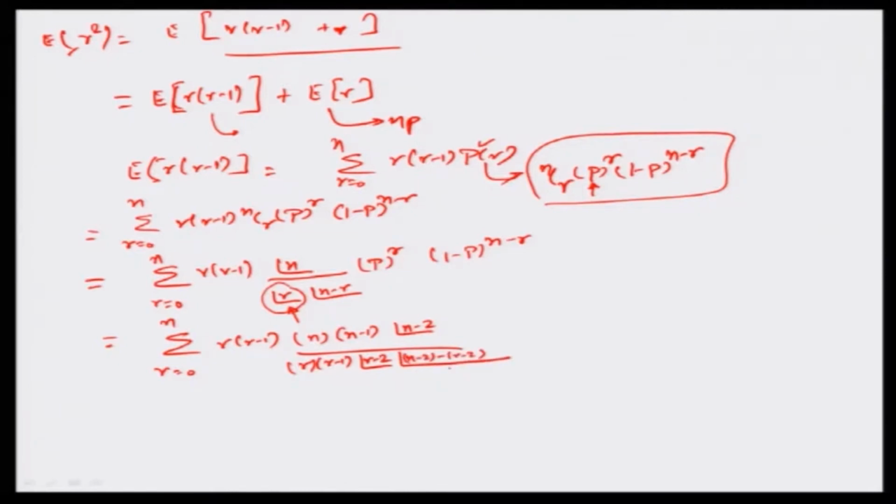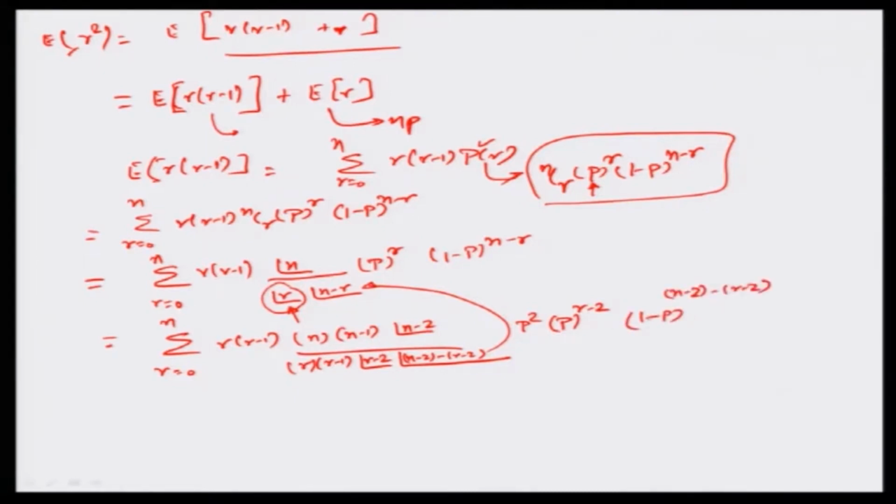It really does not matter because we have added and subtracted 2 in the process, and this can be recorded as n minus r. This further can be expanded as p square times p to the power of r minus 2 and 1 minus p to the power of n minus 2 minus r minus 2.